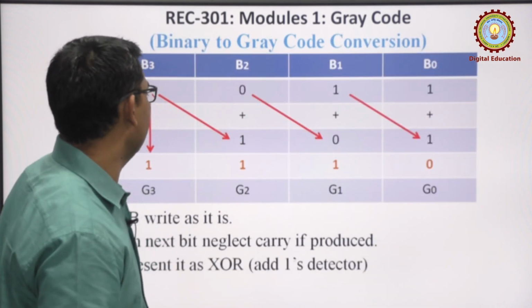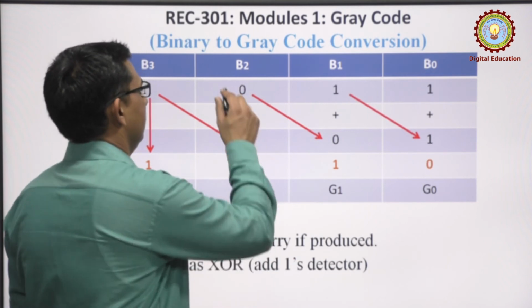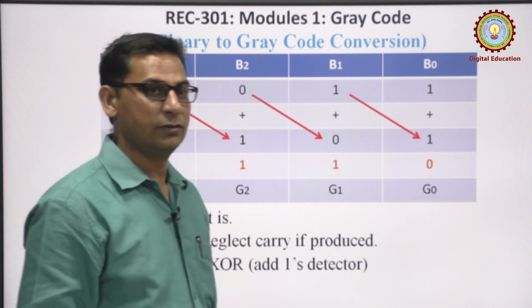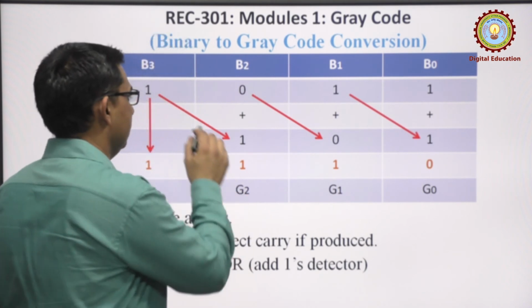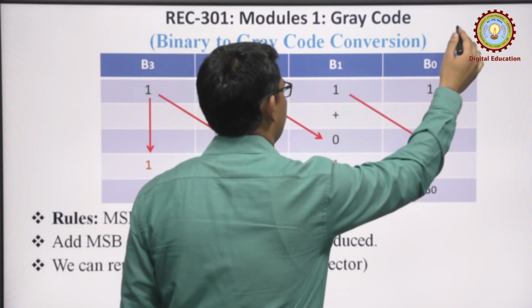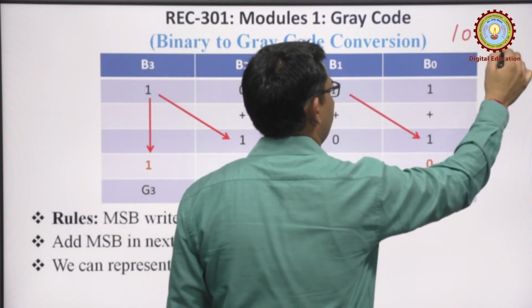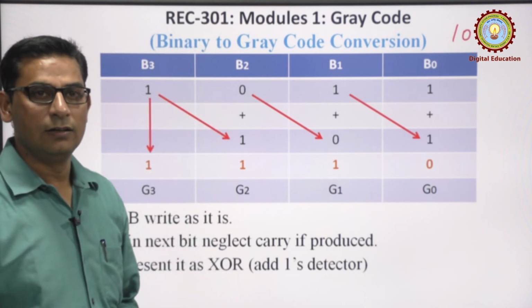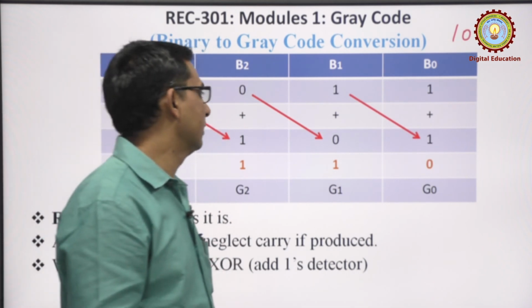So, let us take an example. If we have a binary code and we want to get the gray code. So, if this is our binary code, 1 0 1 0 1 1, and we want to convert it to the gray code, how will we handle it?